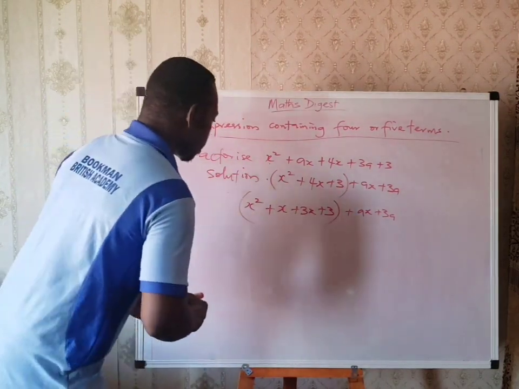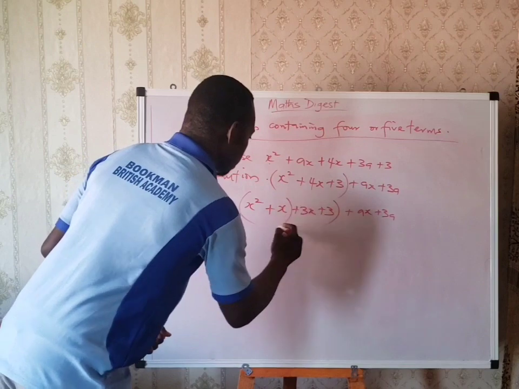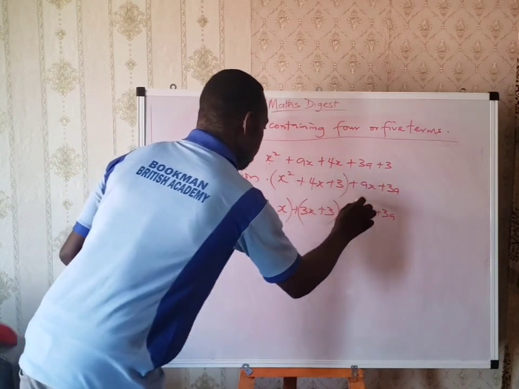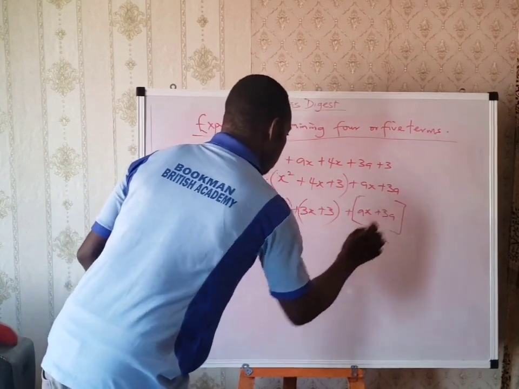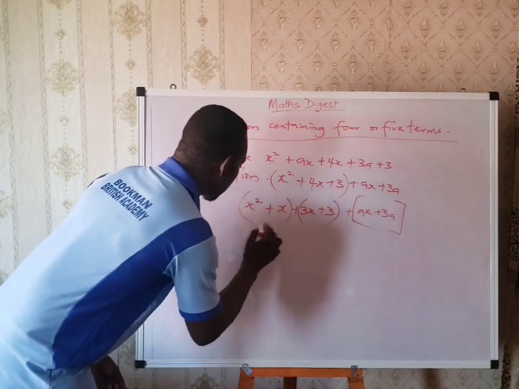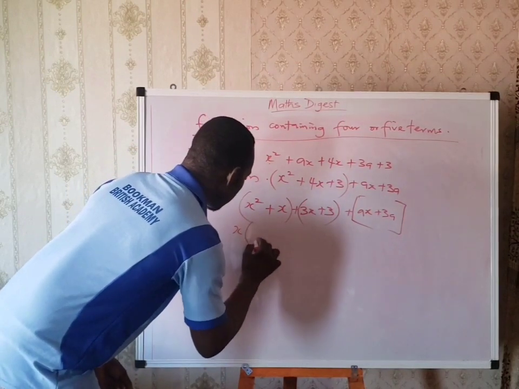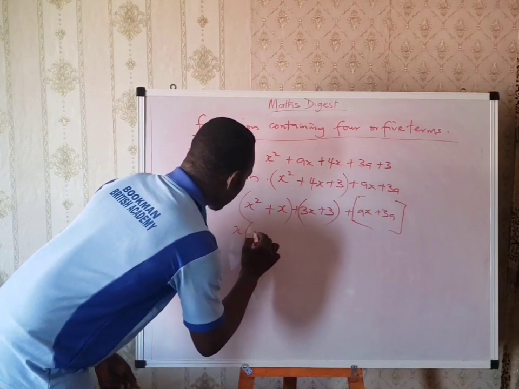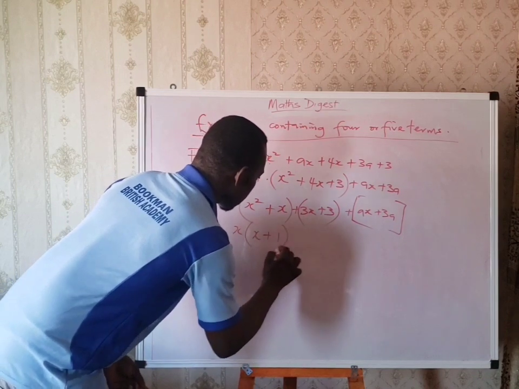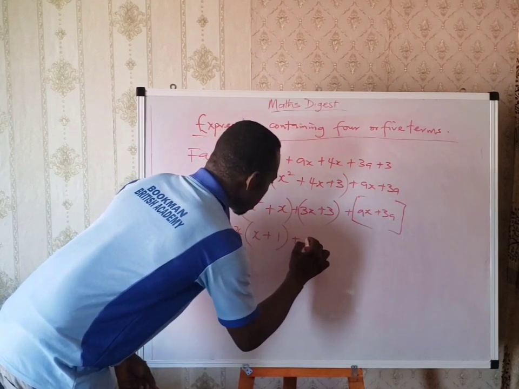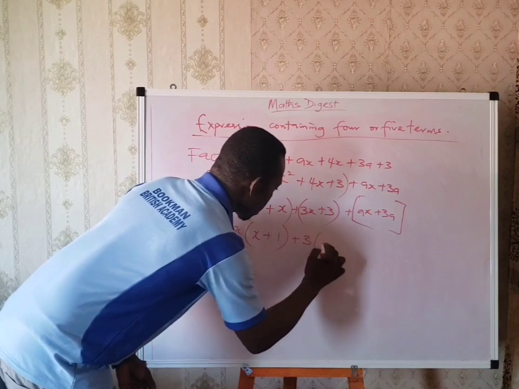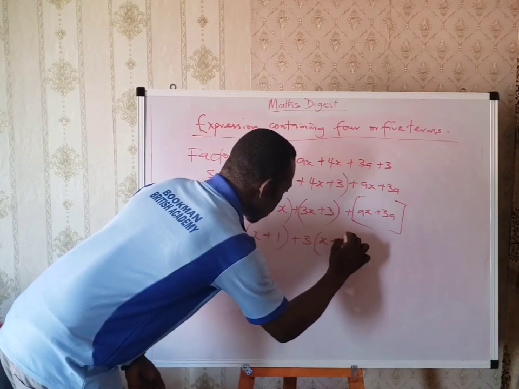Now we look for the common term for these two here. Now we say x in brackets x plus 1, plus 3 is common here, so we have x plus 1.